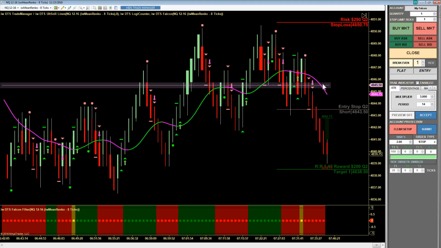Or if you like, you could bring it in just above the 48.45 half support area, because we know that's definitely an area of consideration. Come on, get down there. There we go. And voila, we've hit our profit objective.